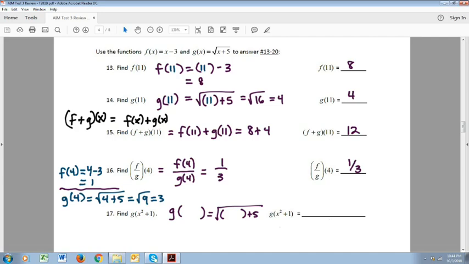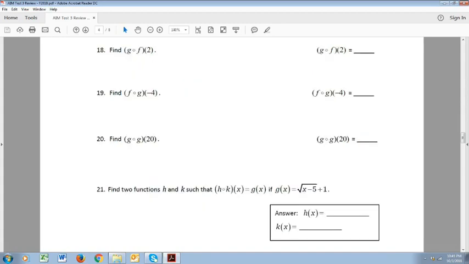So if I'm plugging in x squared plus 1 as an input, I'm going to put that in the parentheses in both spots here. And so you can see that we don't really need the parentheses there, because 1 times x squared, because that's understood to be a 1 out in front, even though there's no number written there. And 1 times anything is itself. So we can drop the parentheses, and then the 1 and 5 give us 6.